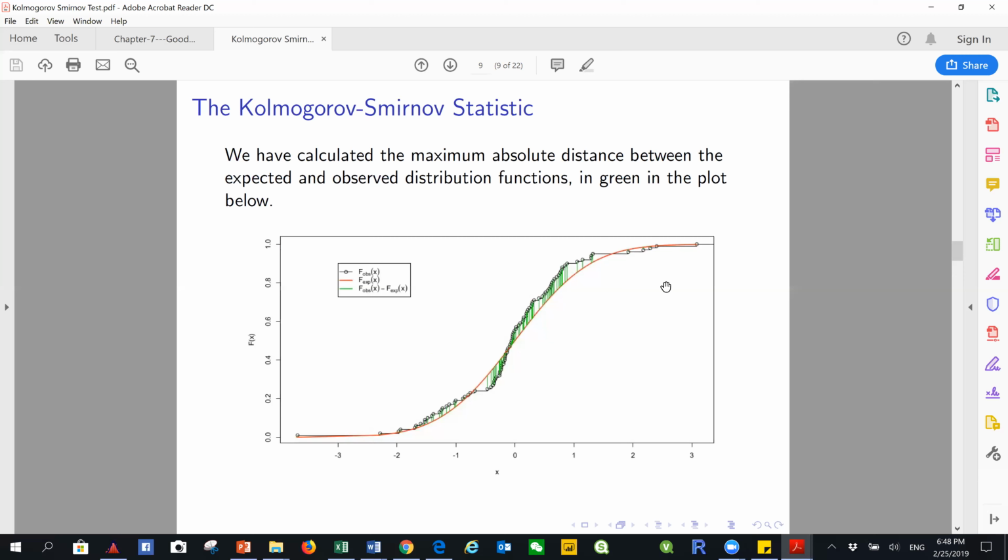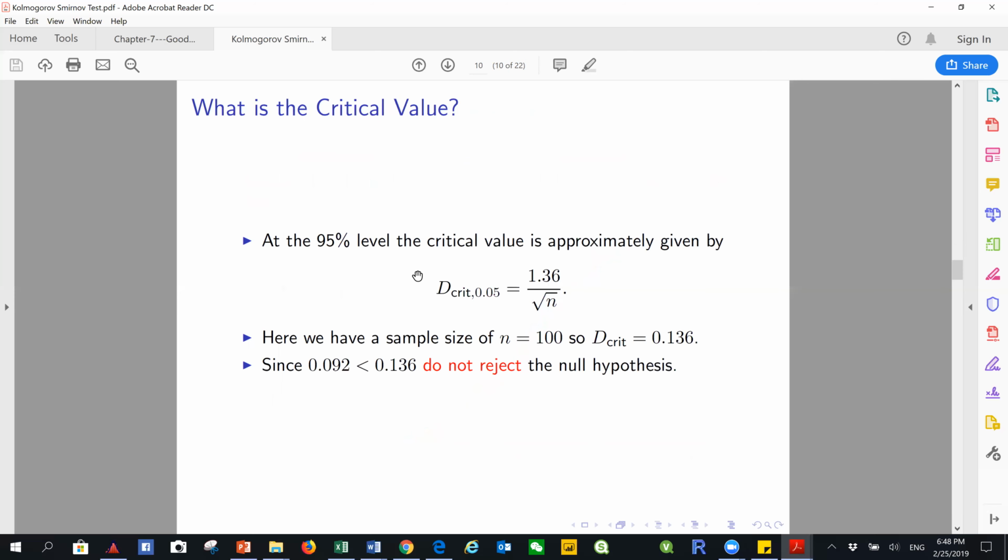We are just comparing their cumulative probability distribution, and you can see they are very close already. The critical value for the D test can be calculated by dividing 1.36 by the square root of n, which is 100. If D is smaller than that, then we do not reject the null hypothesis. And you can see that's the case.